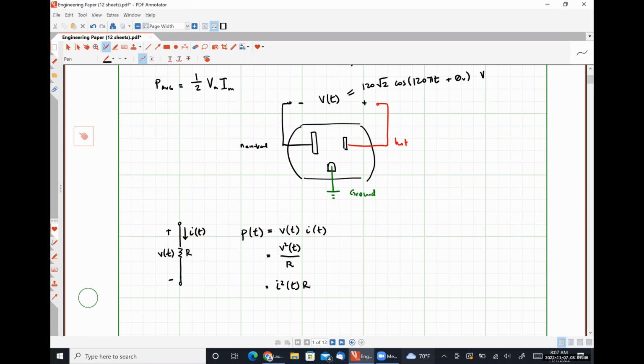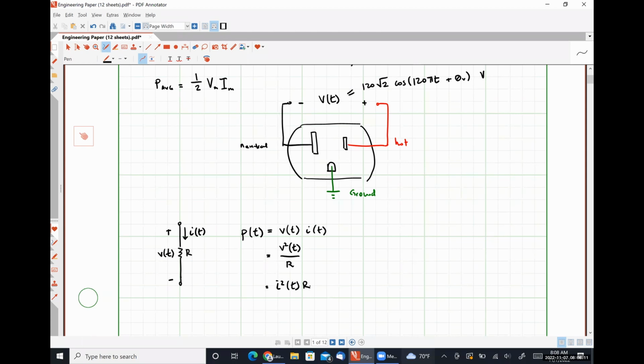So the effective value of a voltage waveform is the amount of voltage that provides the exact same amount of power to this resistor R as the periodic voltage does. And similarly, an effective value for current is the DC value that provides the exact same amount of power as our periodic current does.